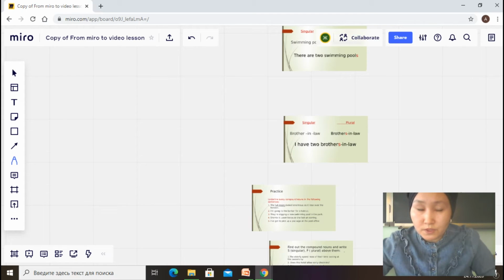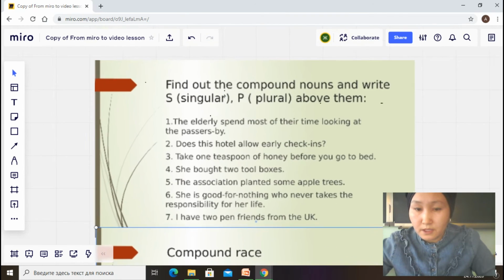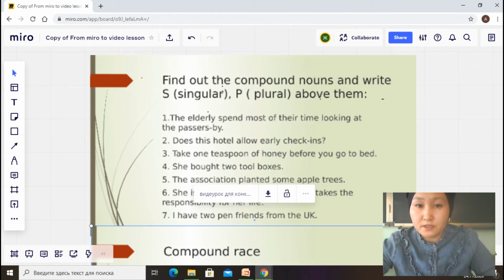So, what we do is define the example of the word. Given examples. Okay, so look at the examples with singular and plural forms, and let's go through the instructions.